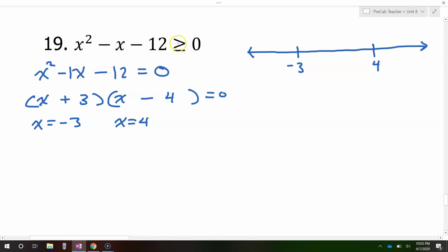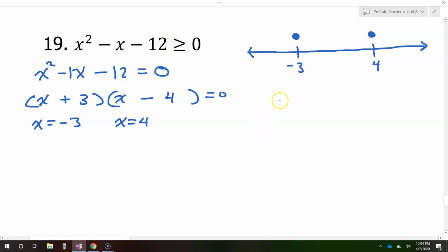However, because it says greater than or equal to, the points that make the function equal 0 are to be included. So the bottom line is, because of the or equal to part of this, these are going to be closed circles on my number line. Okay, these will be closed circles. If this had just been greater than, I would have left these open circles. That's the bottom line.